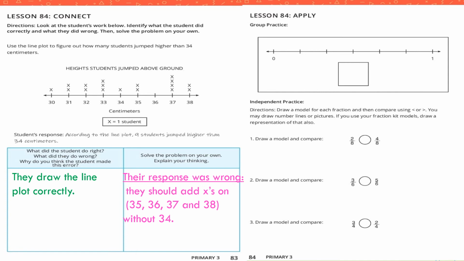Let's calculate. On 35 we have 2 students. On 36 we don't have any students. On 37 we have 4 students. On 38 we have 2 students. So 2 plus 4 plus 2 equals 8 students, not 9 students.